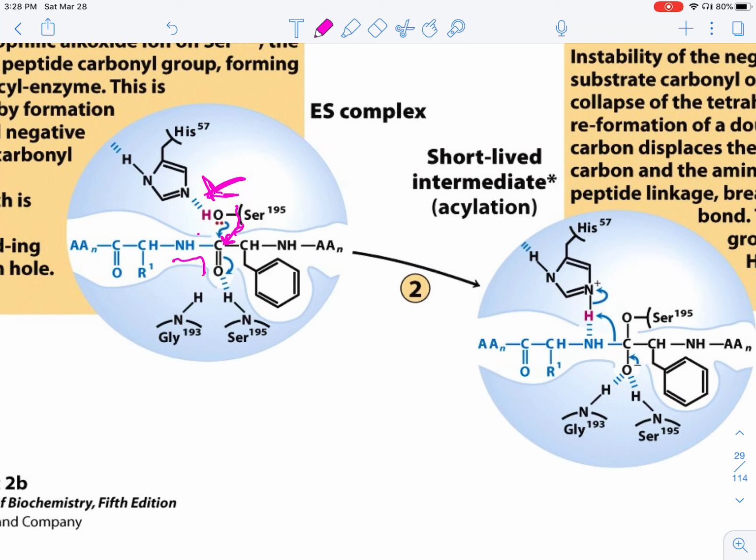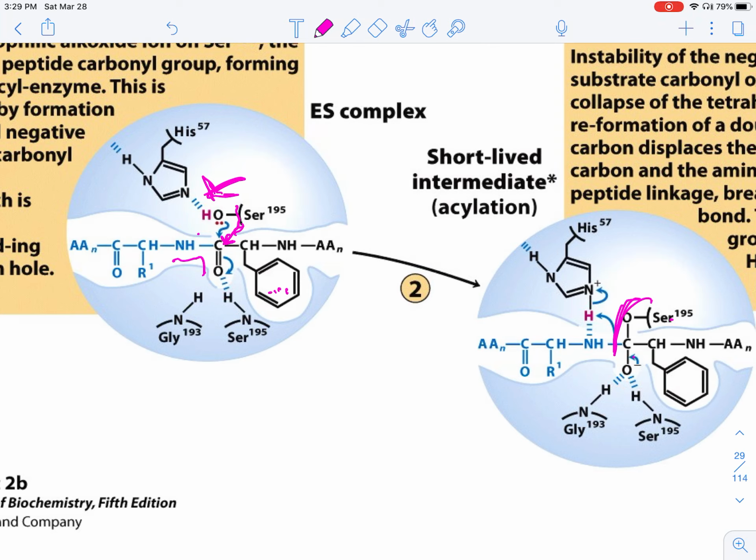Right, so that's the peptide bond that's right next to this phenylalanine. That forms a covalent bond between the enzyme, via the serine, and the polypeptide. So here's an example of covalent catalysis, right? You form a temporary covalent bond between these two things.